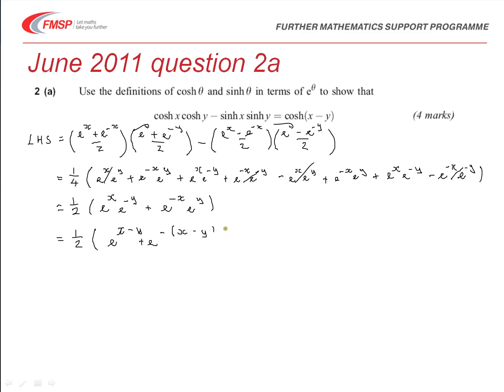So this then is in the form of the cosh function, because remember cosh is e to the something plus e to the minus something, and the something in this case is x minus y. So this becomes what we require, which is the cosh of x minus y.